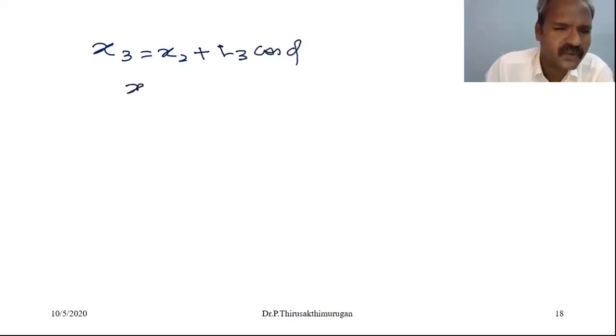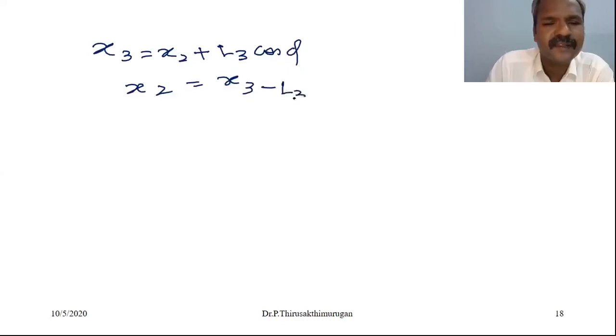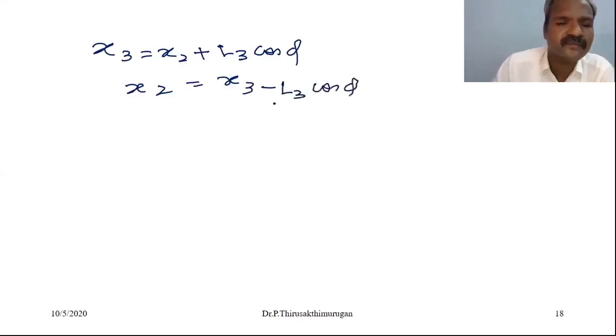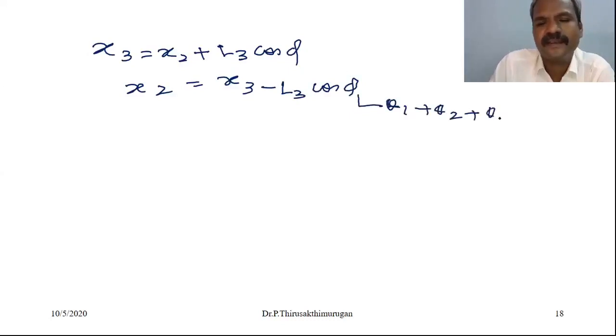So what is x2? So x2 equal to x3 minus L3 cos phi. Phi is nothing but theta 1 plus theta 2 plus theta 3.